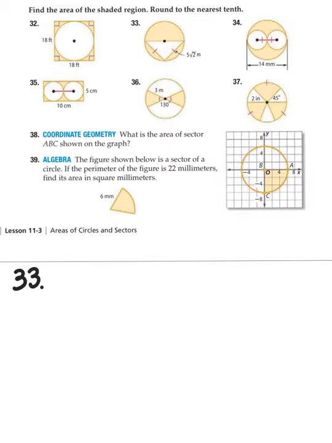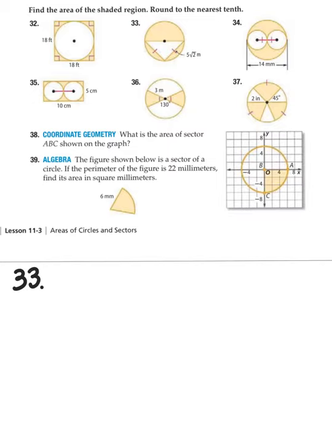Okay, we've got a circle here, and if we remove the triangle, then we have the shaded region. So the circle is pi r squared, triangle is 1/2 the base times the height.